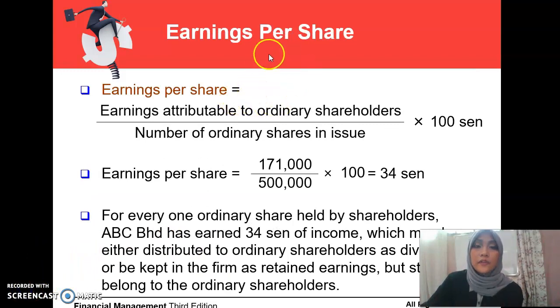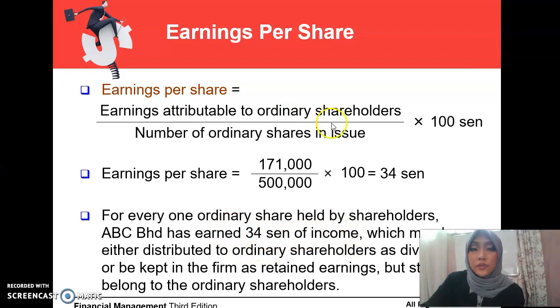Okay, this is the formula of earning per share: earning attributable to ordinary shareholder divided by number of ordinary share, times 100 cents. So earning per share, you will get 34 cents. Meaning to say that for every one ordinary share held by a shareholder, ABC has earned 34 cents of income, which may either be received by the ordinary shareholder as dividend or kept in the firm as retained earning, but still belongs to the ordinary shareholder.